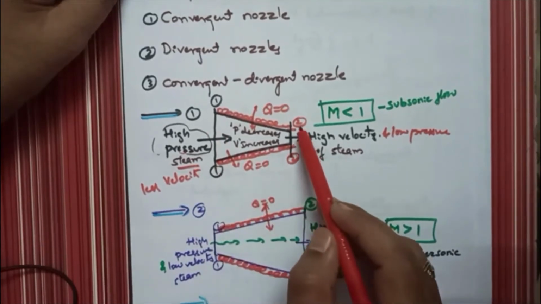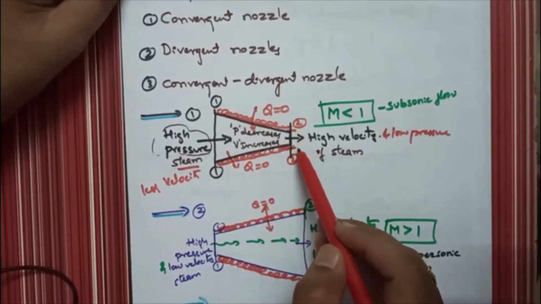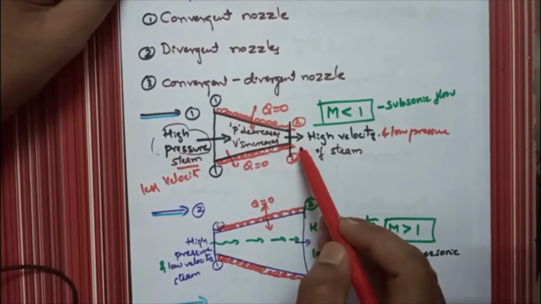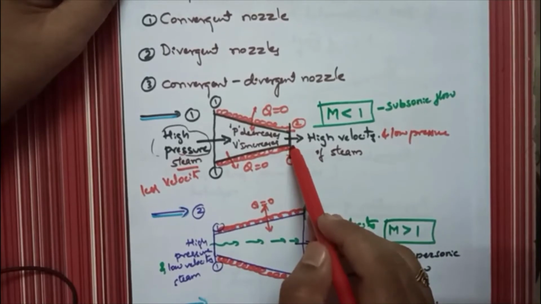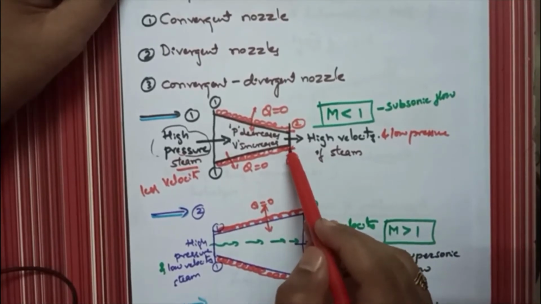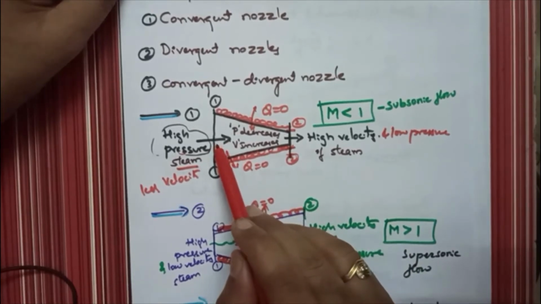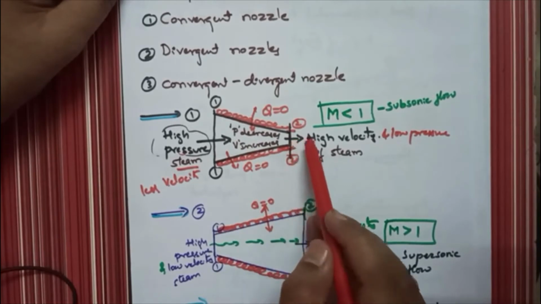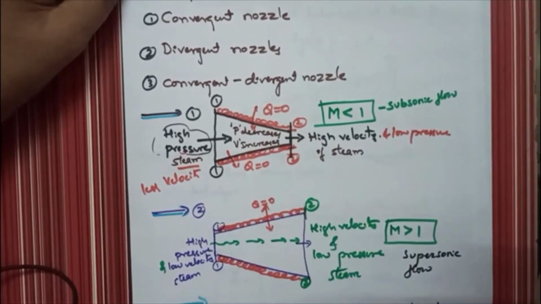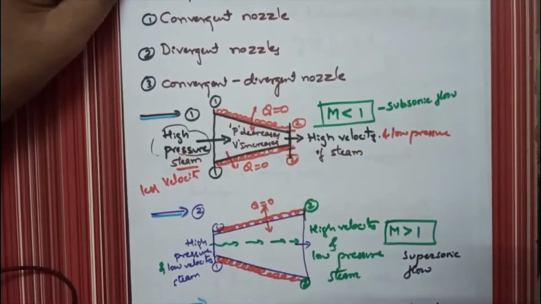The pressure at the small area portion is called the critical pressure. Here the pressure at section 2 is equal to or less than the pressure at section 1, then only the fluid flow takes place, otherwise no. The fundamental is always that fluid flows from high pressure to low pressure.